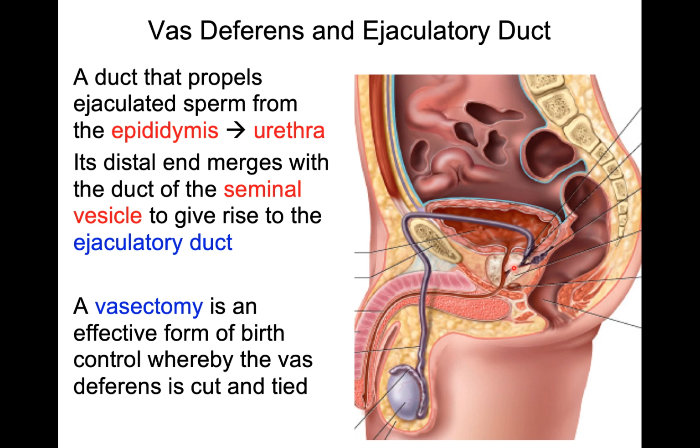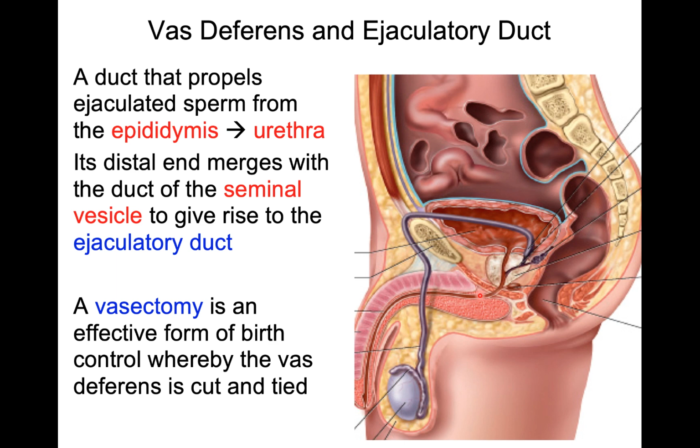Once it enters into here, it's going to mix with the fluids that are made by the seminal vesicle, bulbourethral gland, and prostate gland. When sperm cells mix with all of that fluid, it turns into a fluid called semen.